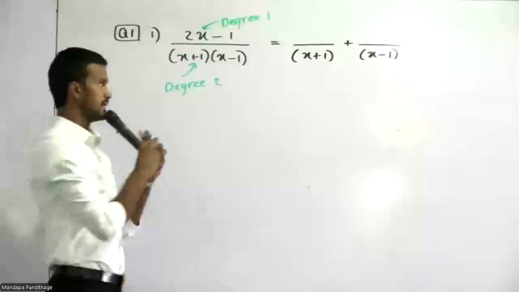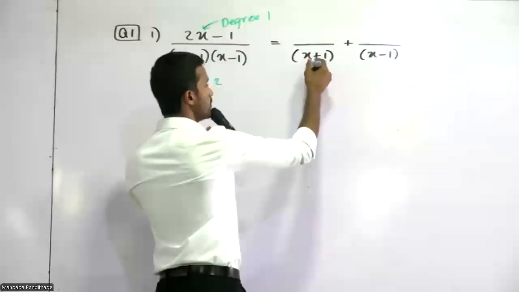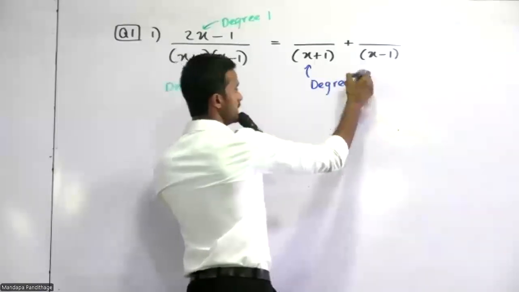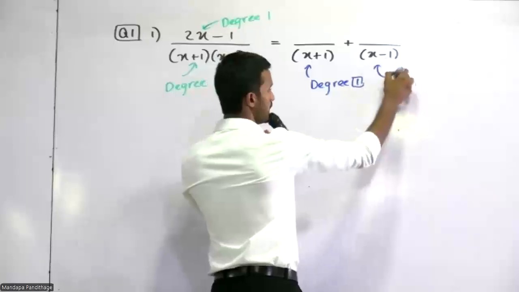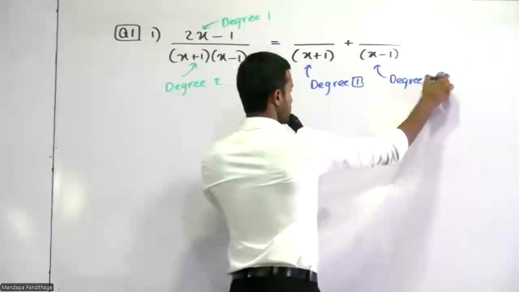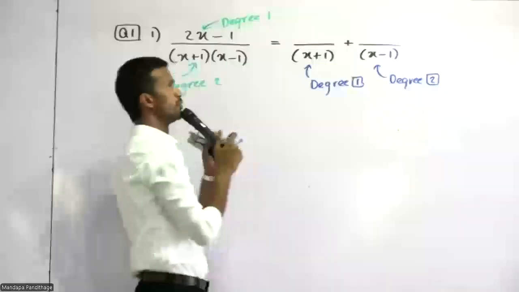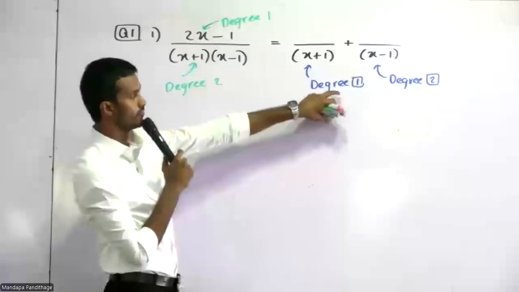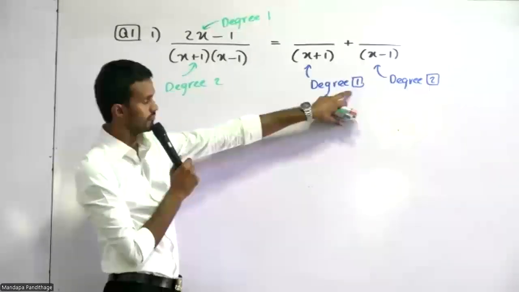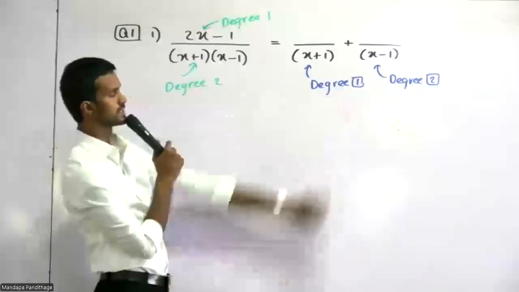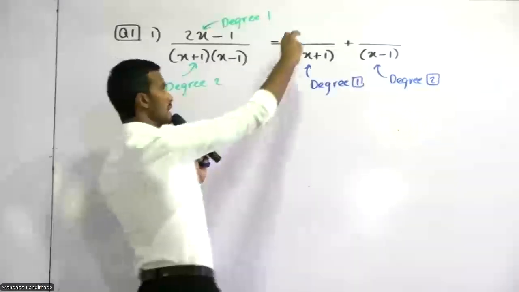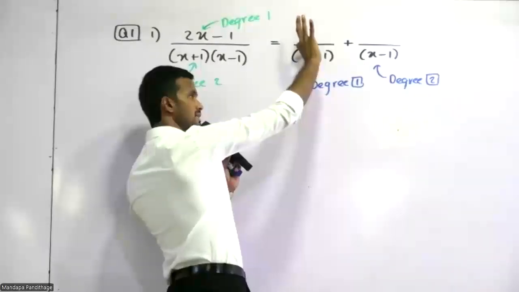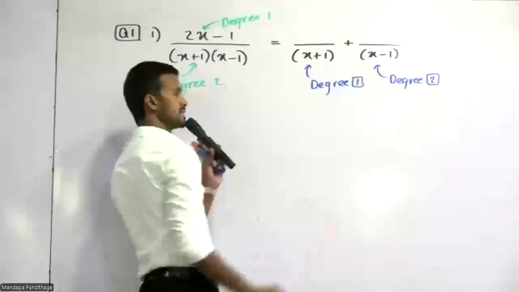Step number 3 is, here we know the degree of the denominator is 1. We have to put a polynomial as the numerator such that the numerator's degree is only 1 less than the denominator's degree.